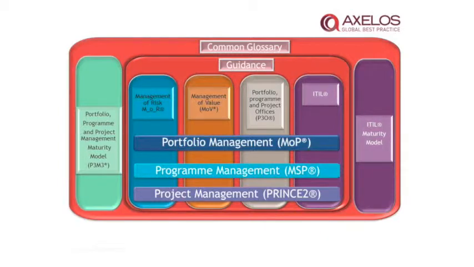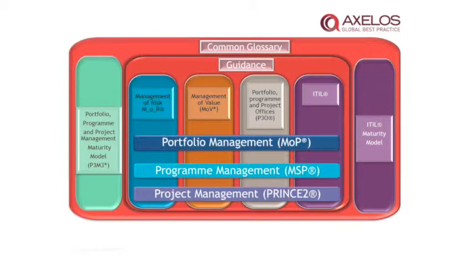We've also got a very interesting product called Management of Value. And again, it applies to the project, program, and portfolio level. It's a very useful set of principles, approaches and techniques to help organizations understand which, in their list of projects and programs, gives them the most effective return for the costs in delivering the project.